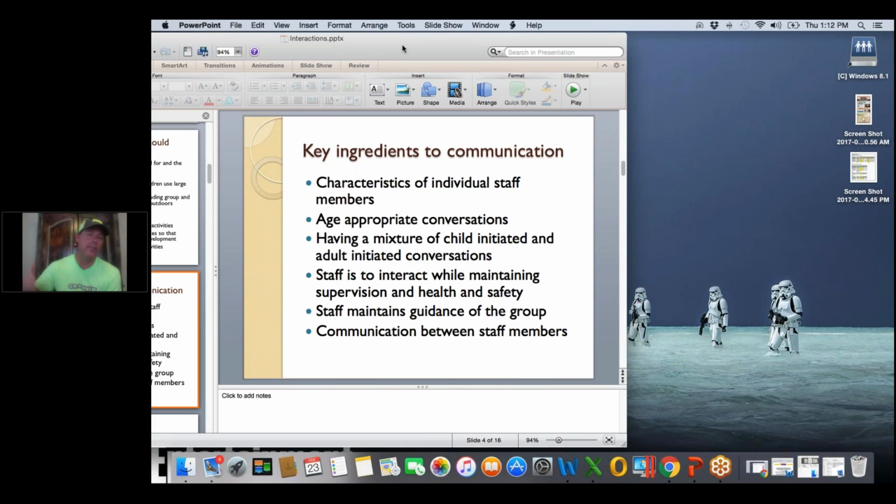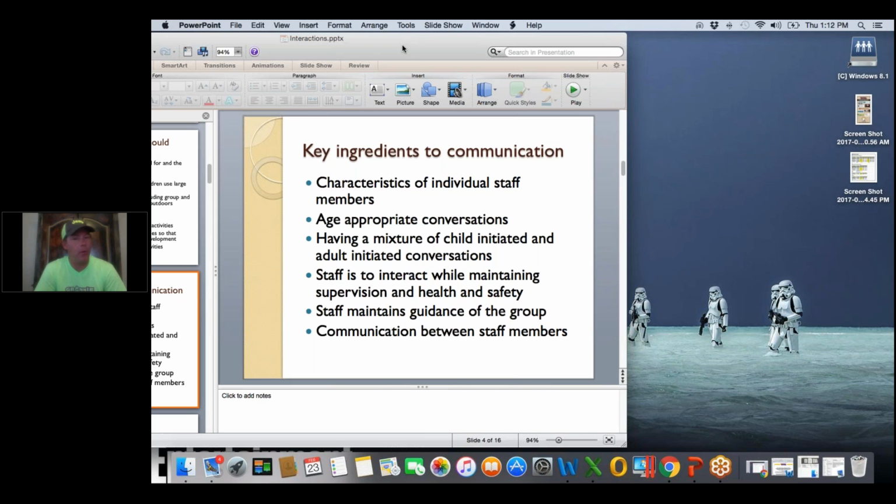So you've got to constantly focus on this, that what you're saying to the kids and even the conversations they bring up, you keep it appropriate, all right? And you're going to have times when children bring up difficult conversations or difficult questions, and what is the appropriate way to respond to those questions?